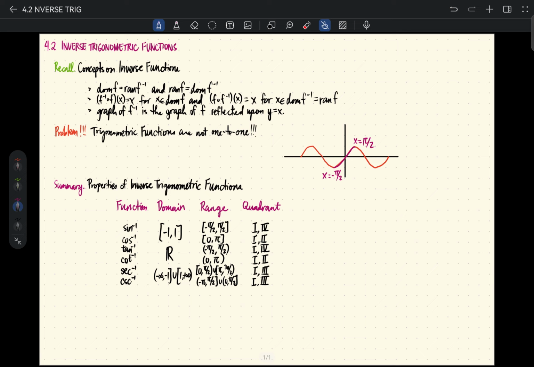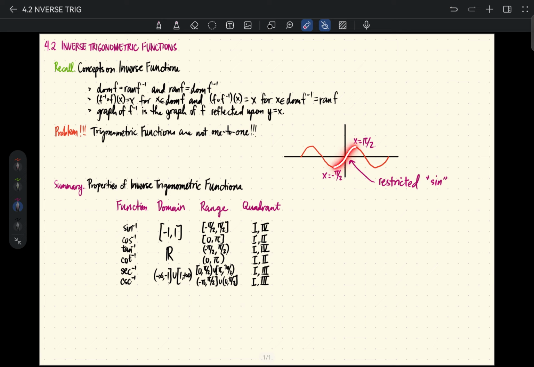So this pink line right here, let's call it the restricted sine function. Why did they choose this part right here?